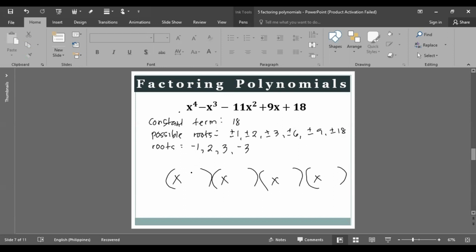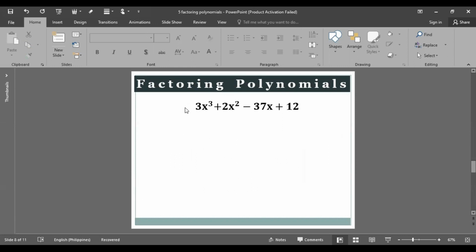So get its opposite sign, we have +1. Next, we have -2. We have -3 and +3. So these are now the factors of this polynomial expression. So that's it. Let's have the last example for this lesson video.